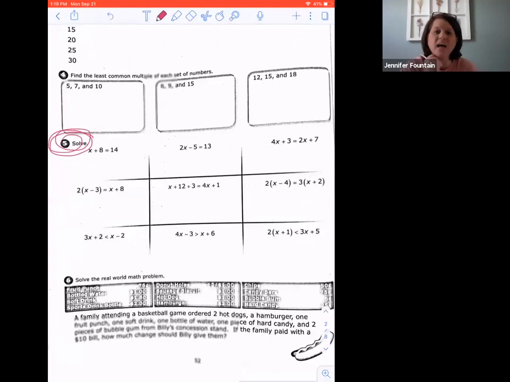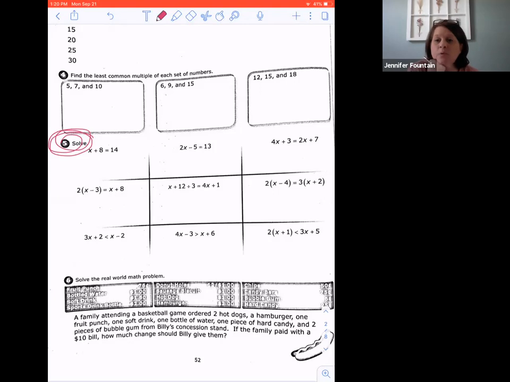That's working with equations and inequalities. You can see the ones that have parentheses. Remember how we use the distributive property to distribute the number outside of parentheses to each term inside, and then we solved by moving our variables to the left-hand side, constants to the right, and then solved for x. So that'll be our homework, activities 5.